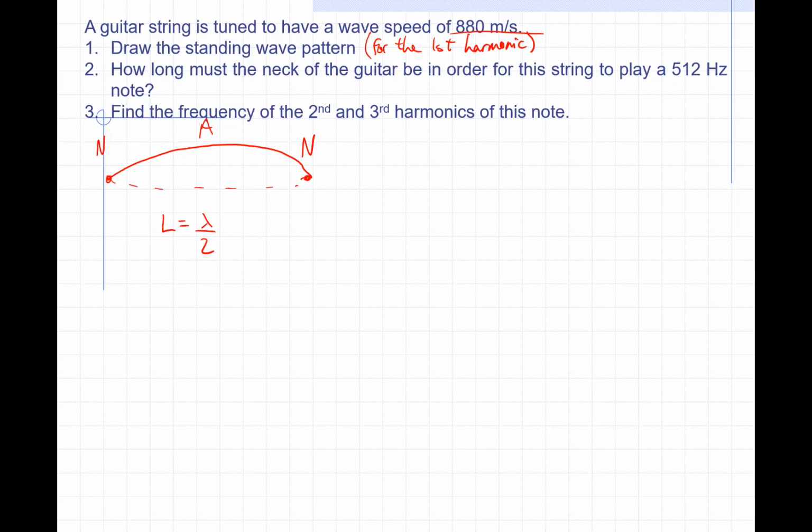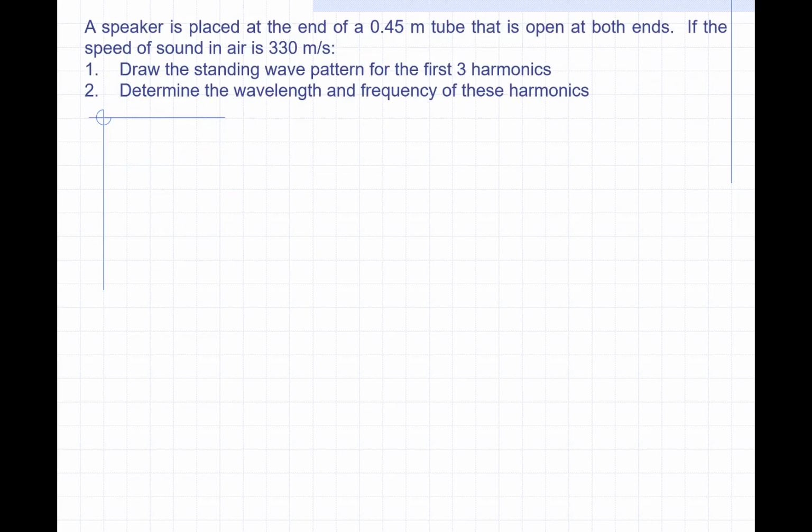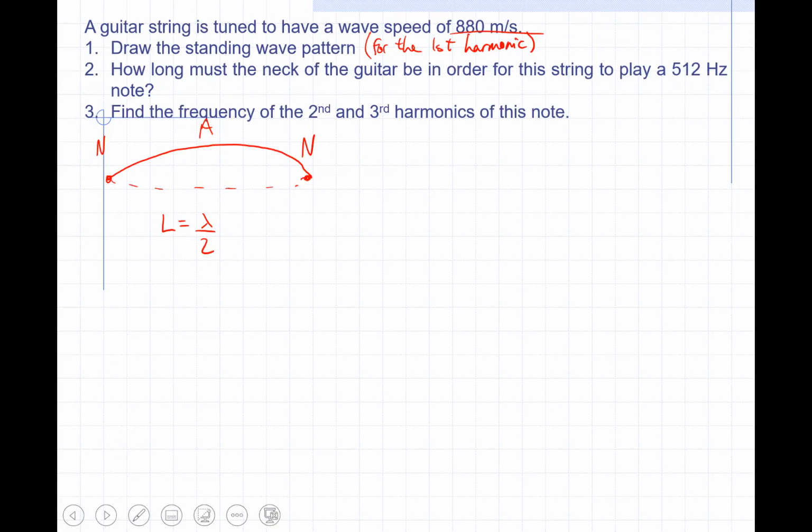How long must the neck of the guitar be in order for this string to play a 512 Hertz note? Well, what are we given? We're given the frequency we want is 512 Hertz. We're given the speed is 880 meters per second.